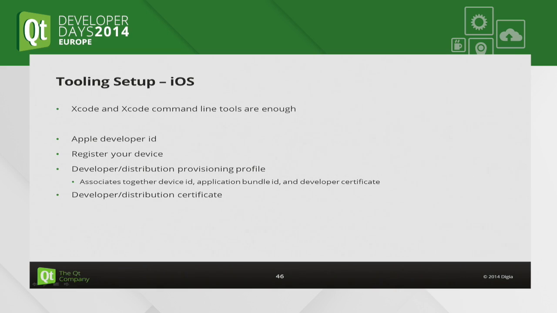You need to register the device, and then configure your developer distribution provisioning profile. So you basically need to do all the stuff you need to do for iOS development in general. Not to mention that you need an OS X computer. So that's why I can't really show you this. But after that, it's really as simple as that.